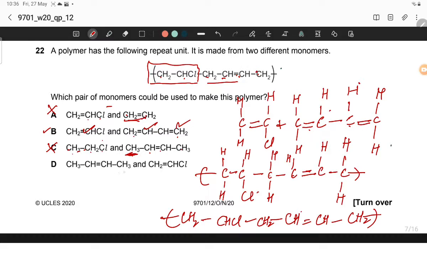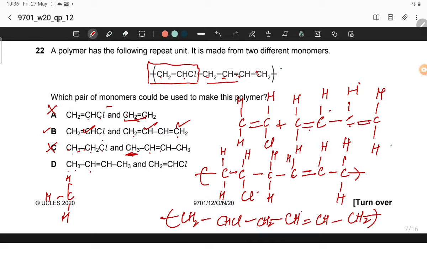CH3. CH3 CH, so this is also not correct. CH3, because there is no CH3.